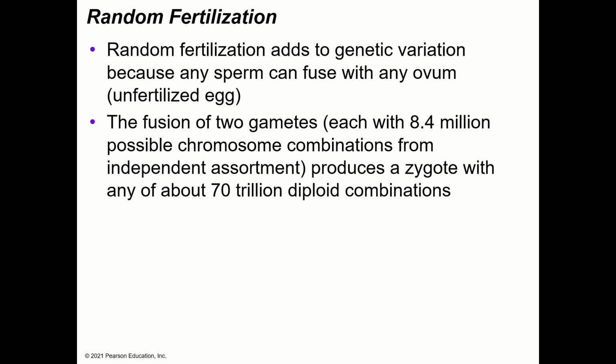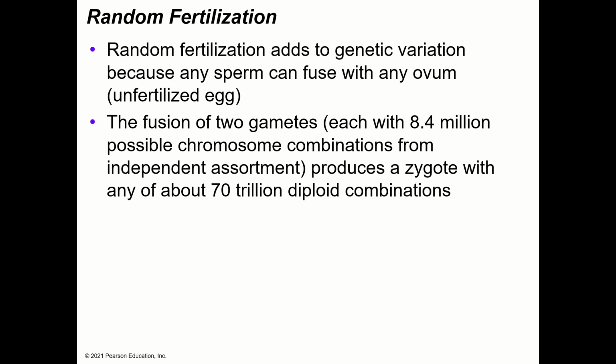Random fertilization. Random fertilization adds genetic variation because any sperm can fuse with any ovum or unfertilized egg. The fusion of two gametes, each with 8.4 million possible chromosome combinations from independent assortment, produces a zygote with any of about 70 trillion diploid combinations.